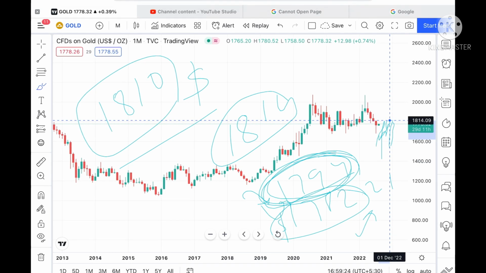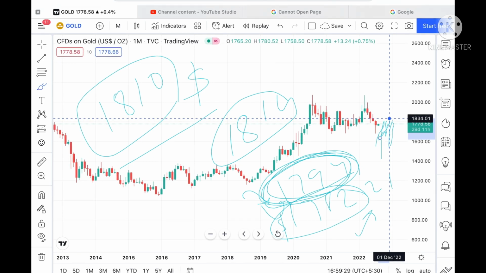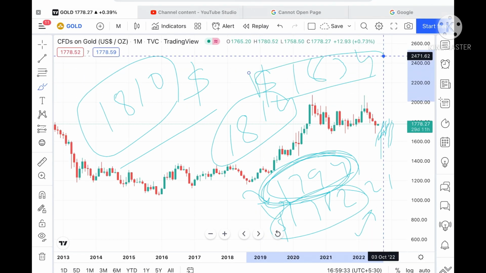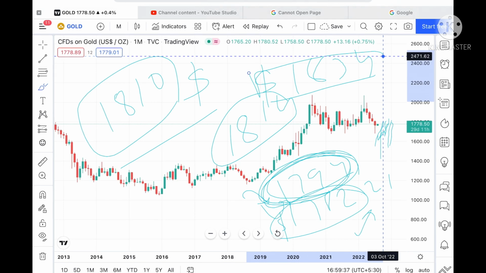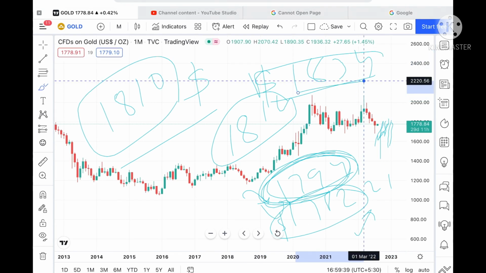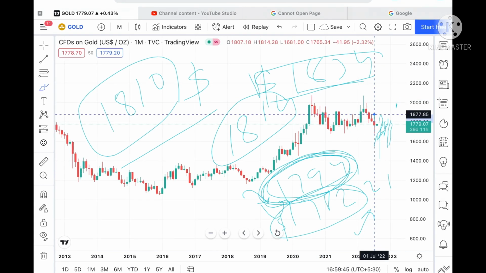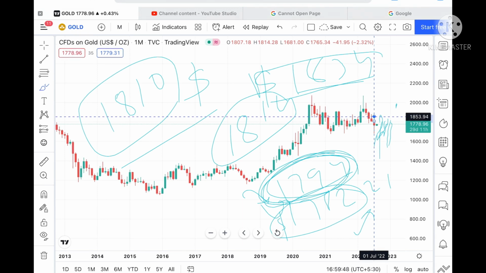It can go further upside and touch a level of 1834. I explained that 1834 is a weak resistance, as I clearly stated in my previous video also, that this resistance is weak and there will be a pattern forming, so the probability is high. It can go further upside and touch a level of 1857.